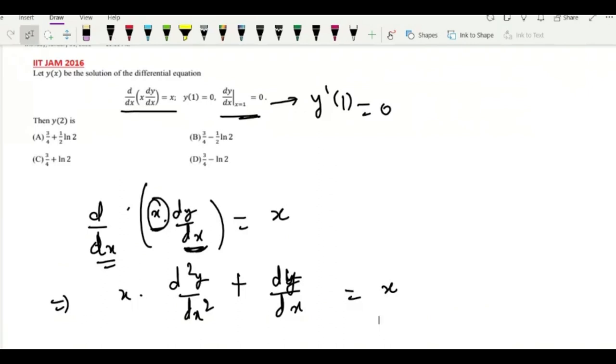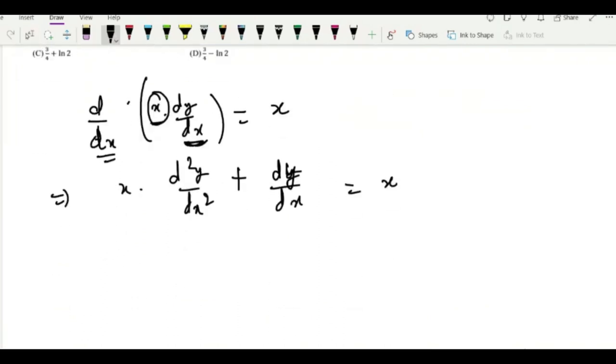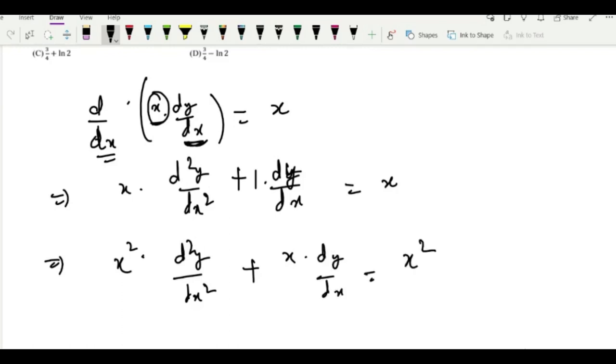Now here we have the equation x into d2y by dx square plus 1 into dy by dx is equal to x. Till now, this equation is not a constant coefficient equation, also not a Cauchy-Euler equation, but when we multiply the whole equation by x, this becomes x square d2y by dx square, plus x into dy by dx, and this becomes x square.